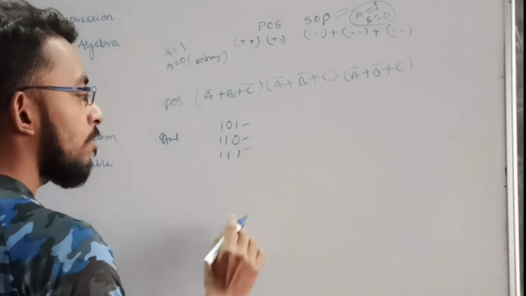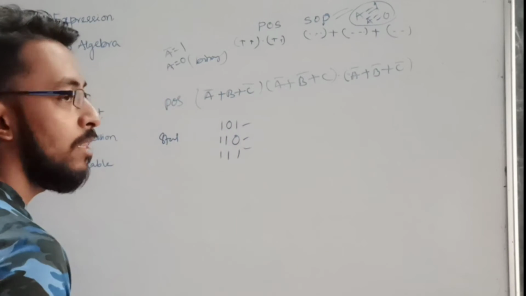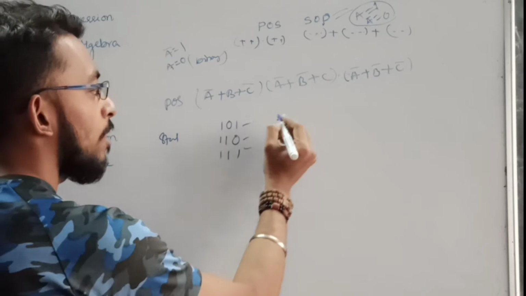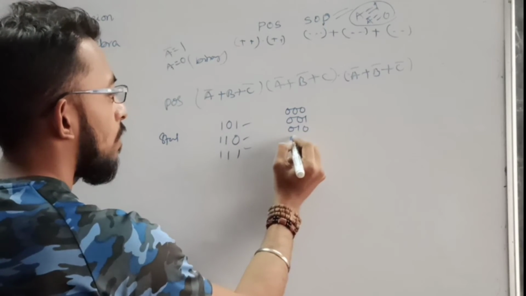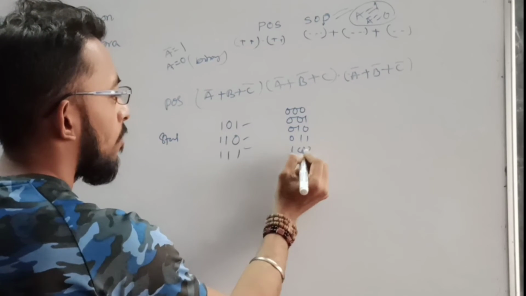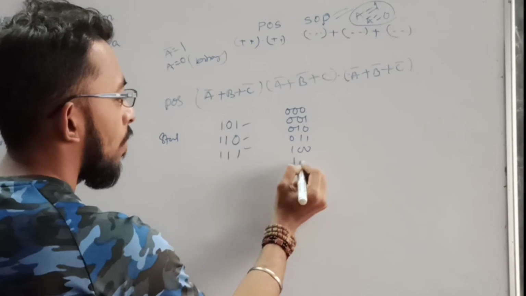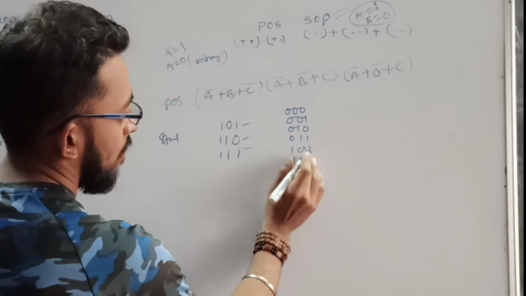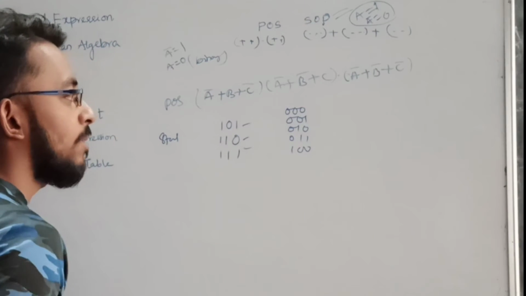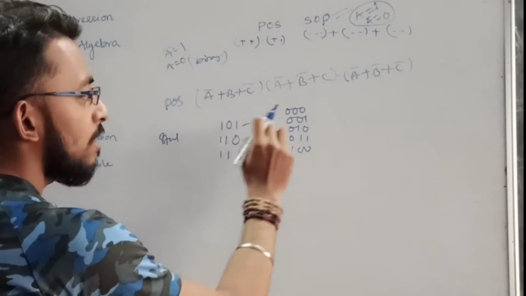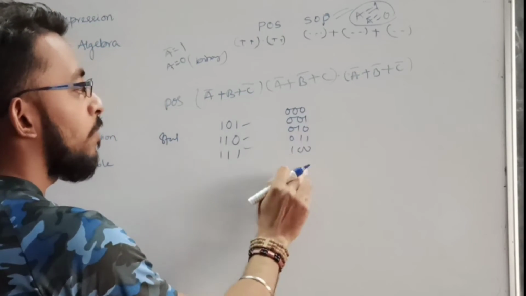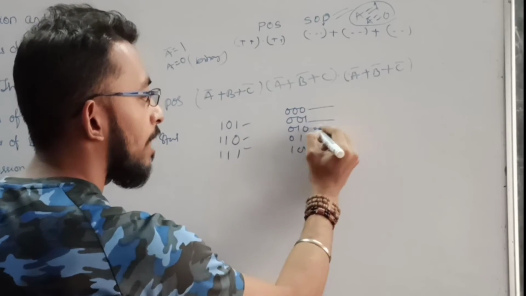These 3 are the terms that are present in my POS. Then which are the terms that are not present in my POS? 0 1 1, 1 0 0, 1 0 1, 1 1 0, and 1 1 1. Okay, these 5 terms and already 3 terms are there. There are total 8 terms. These 3 are present in my POS and these 5 terms are not present in my POS. It means these 5 terms will occur in my SOP.